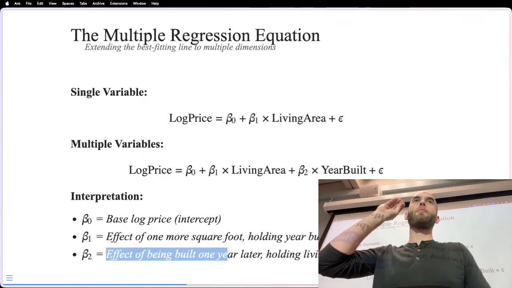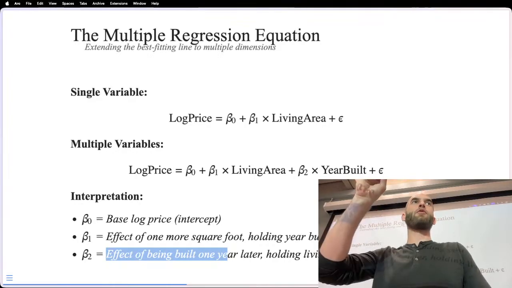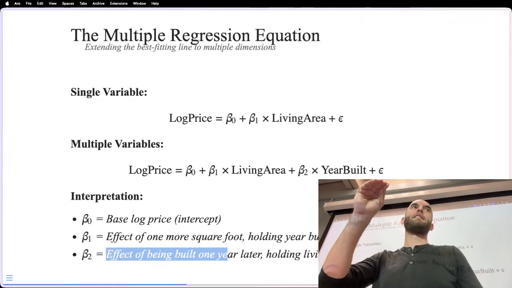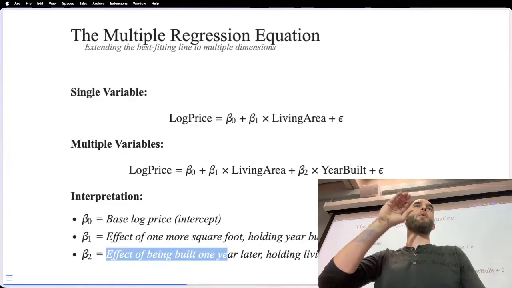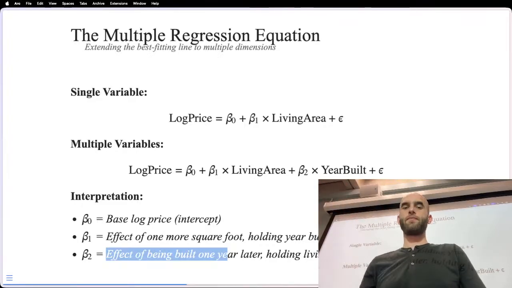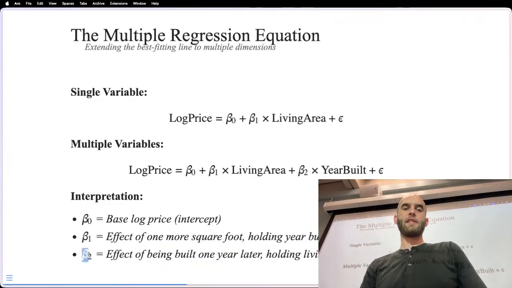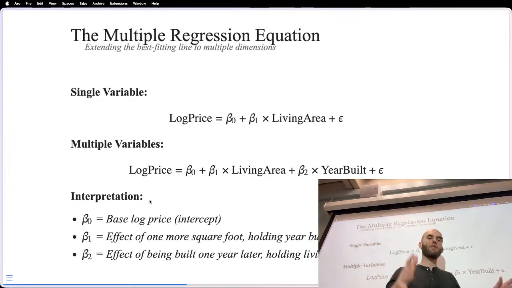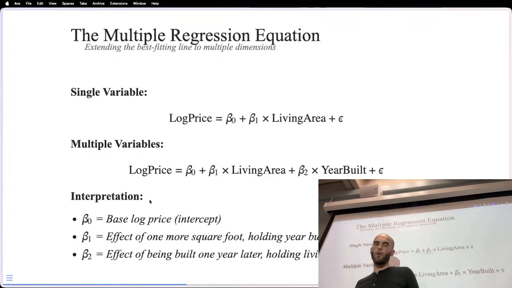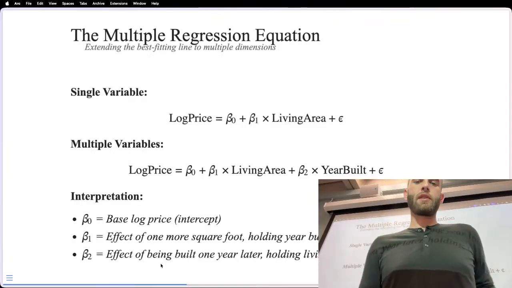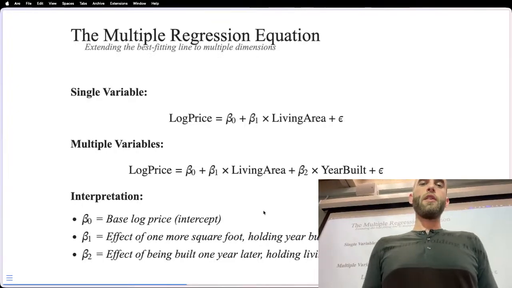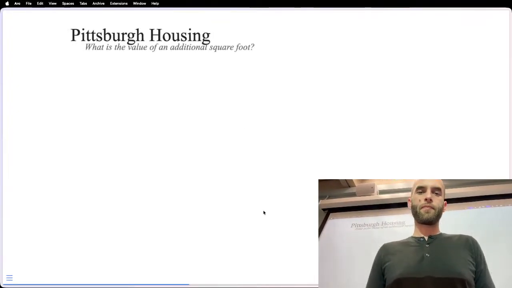So a house built in 1973 versus a house built in 1974, but with identical sizes. How much is that later house worth extra? So that's beta 2. Everything is very similar to what we did in our earlier models, except here we're just adding this ability to hold the other variables constant.